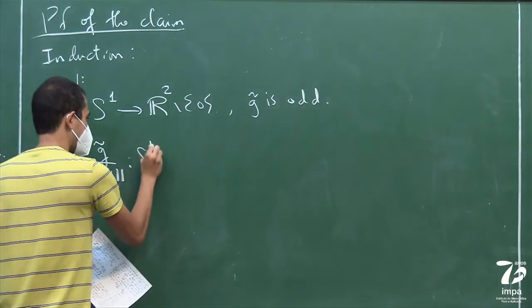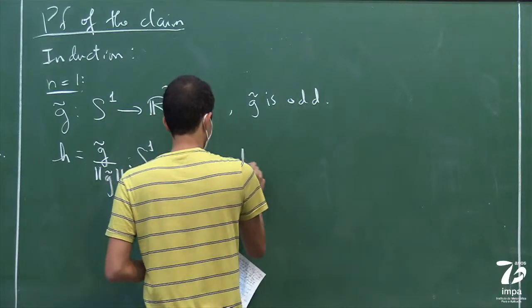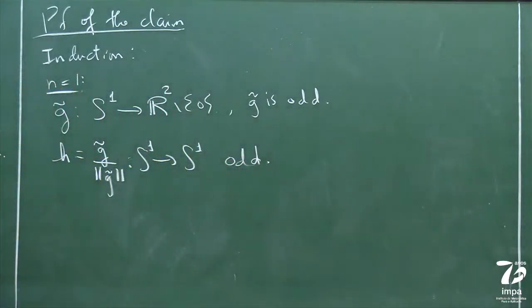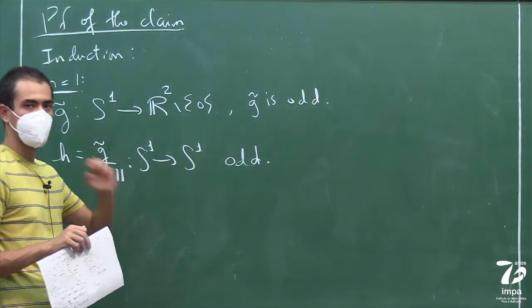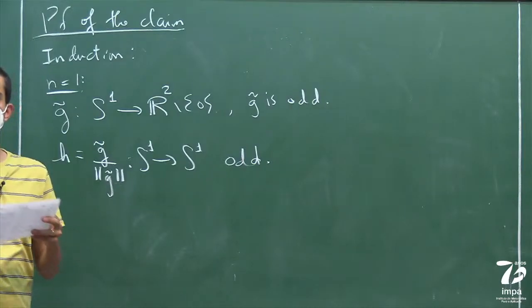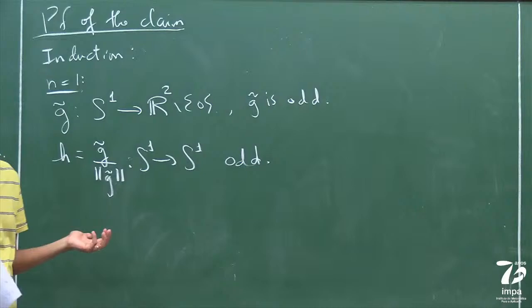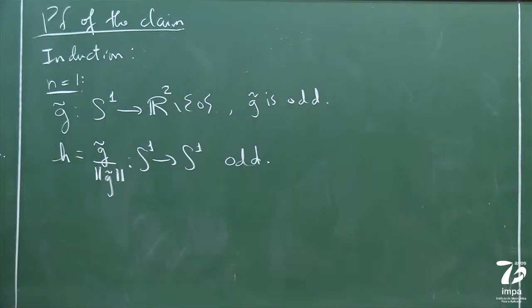And that's going to make a map from S1 to S1, which is odd. Call it h. Okay? Now, when you have a map from S1 to S1, then you can lift this map to a map of R to R. You can think about this as a covering spaces argument, but in this particular case, you can do it by hand.